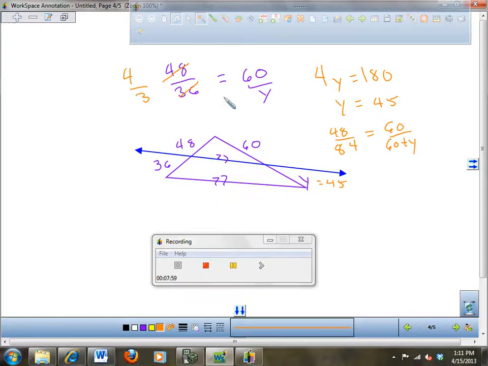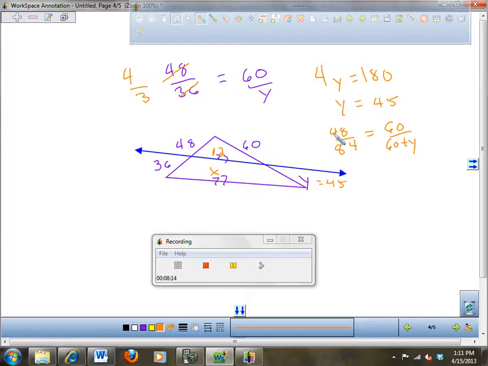So the one thing you have to be really careful of not doing: say you know that this side is 12, and this side is x. You cannot say 48 is to 36 as 12 is to x. You understand that? Because this is a piece of the triangle, whereas this is a whole side of the triangle. So 48 over 36 isn't equal to 12 over x.